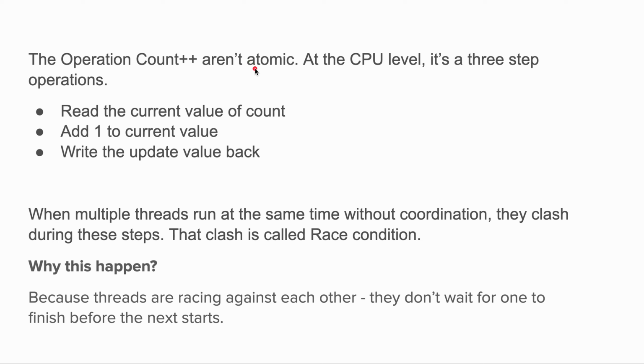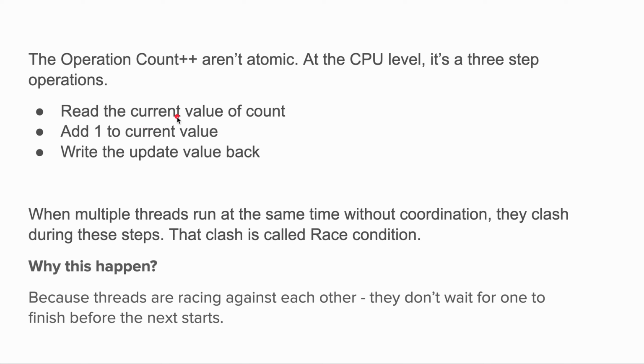At the CPU level, it's a 3-step operation. First, it reads the current value of count, then it adds 1 to the current value, and then it writes the updated value back, right? So when multiple threads run at the same time without coordination, they clash during these steps, right?